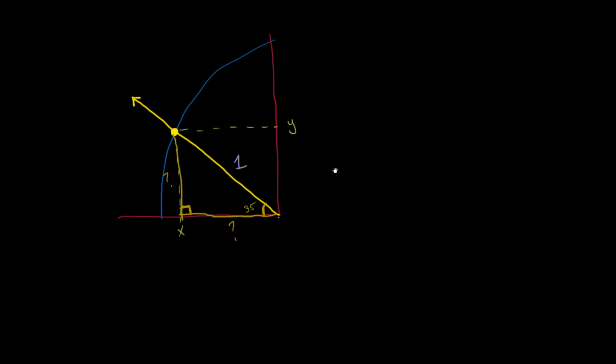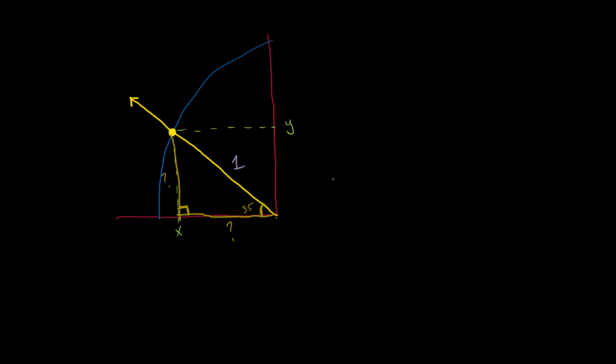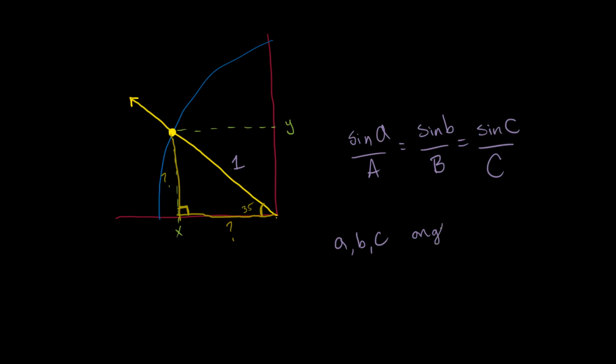Now we're going to utilize something called the law of sines. The law of sines can be expressed as sine A over A equals sine B over B equals sine C over C, where lowercase A, B, and C are angles, and capital A, capital B, and capital C are sides.